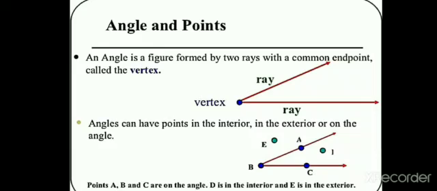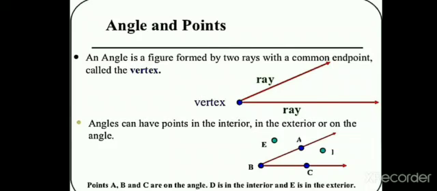That single point is the vertex, and the gap formed between the two rays is called the angle. So, an angle is the figure formed by two rays with a common endpoint. When two rays join at a single point, then it is an angle.